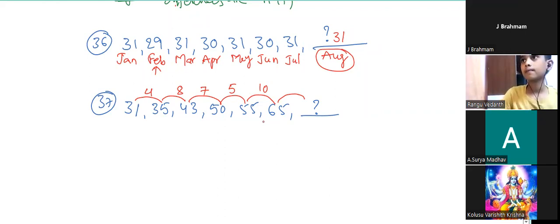But this question is based on difference only. Sir, this is not a square, this is not a cube. Okay, I'll ask one question, think differently and tell. Why only 4 is added to 31?